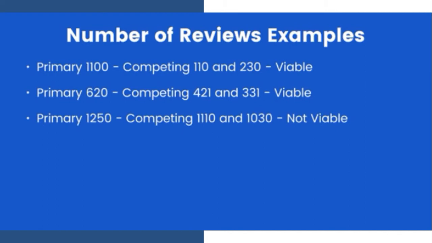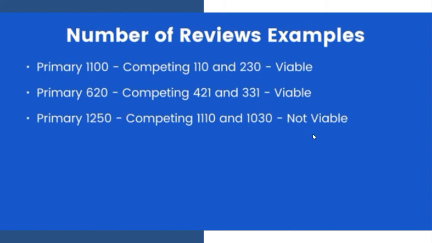So guys, take a look at this, for example. Just have a look at this. I also want you to master this, okay? Okay, good. So you see, remember I told you the primary product, then your first competing product, which is 110, the second competing product has 230, okay?